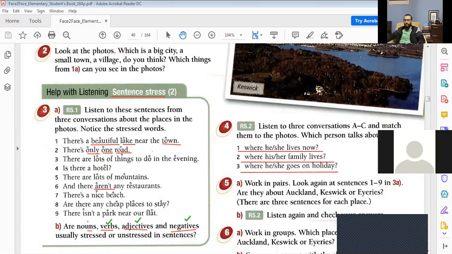Conversation C. Hi, Aunt Rosie. Hello, Tony. How are you? I'm fine, thanks. And how's life in New Zealand? Do you like living in Auckland? Oh, yes, I love it here. There are lots of things to do in the evening and lots of great restaurants. And where's your new flat?